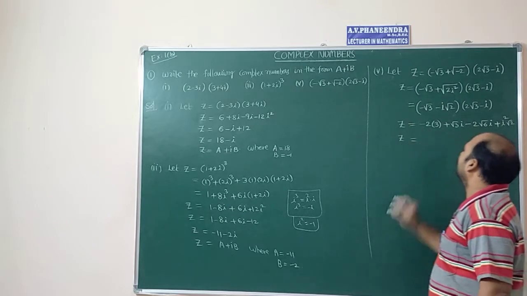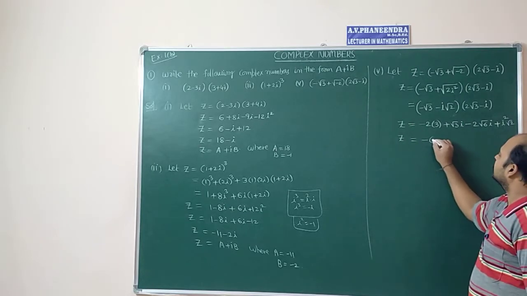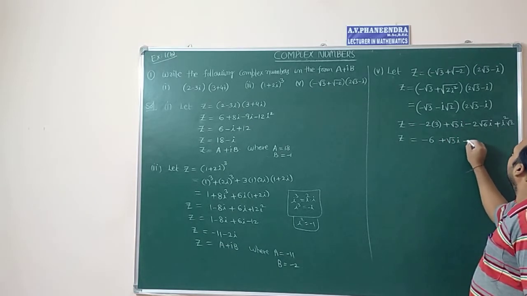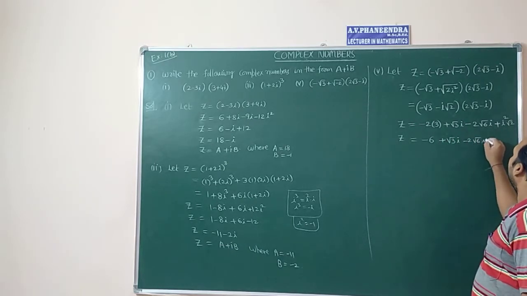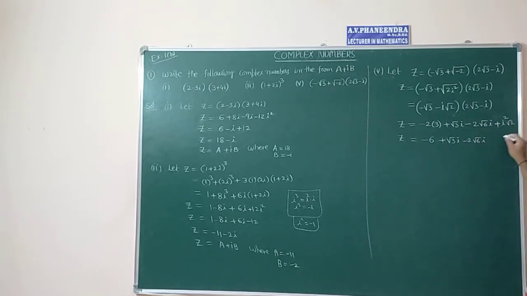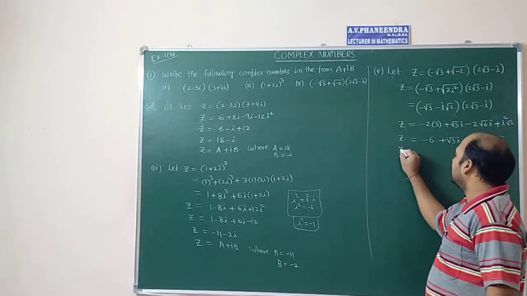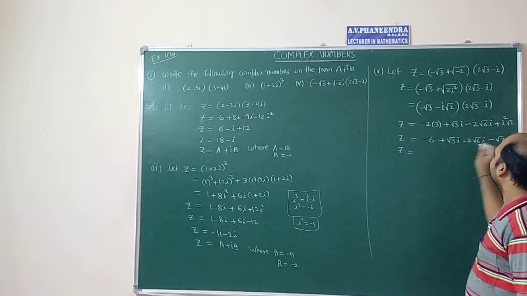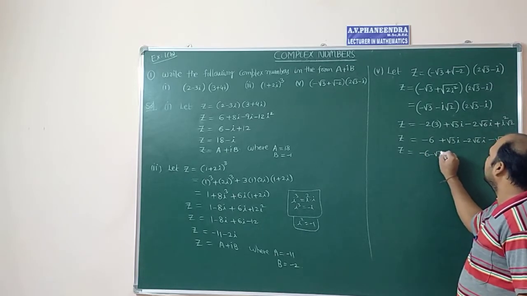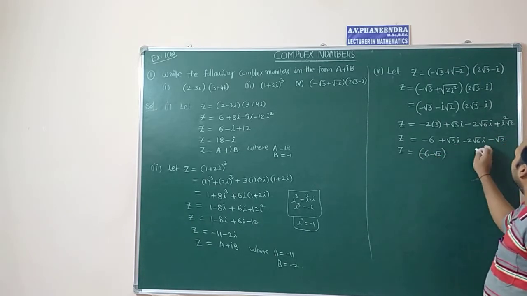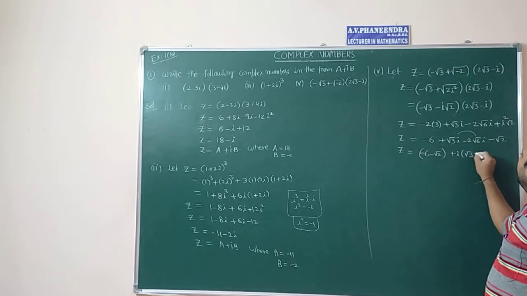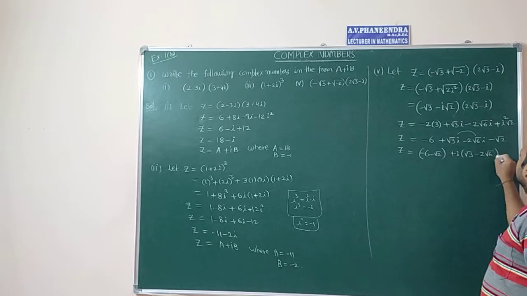Therefore z is equal to minus 6 plus root 3i minus 2 root 6 into i square value minus 1. So minus root 2. Therefore z is equal to real parts one side and imaginary parts on the other side. Minus 6 minus root 2 plus from these two I take common i into root 3 minus 2 root 6.